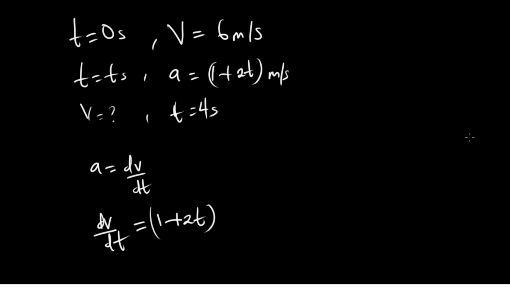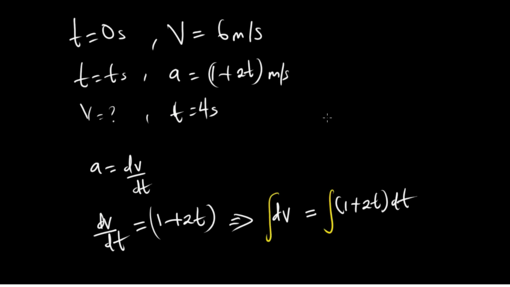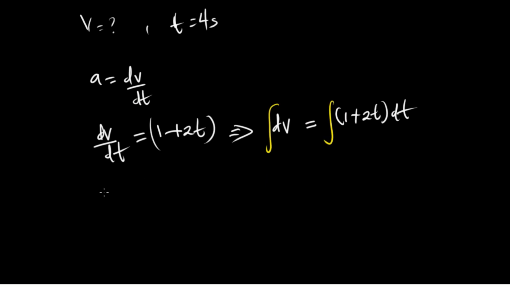So if we have our acceleration equal to 1 plus 2t, here we can have that dv, the change in velocity, equal to 1 plus 2t dt. And by integrating both sides, using the concept of integral calculus, we are going to have v, which is our velocity, equal to the integral of 1 plus 2t dt.